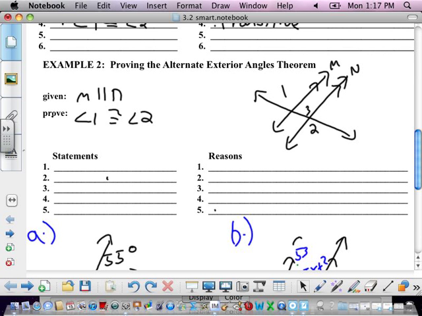Because we're proving alternate exterior, you can't use alternate exterior, but you can use alternate interior, consecutive interior, corresponding. You could use vertical angles. Any AIA? They've got to be across from each other.